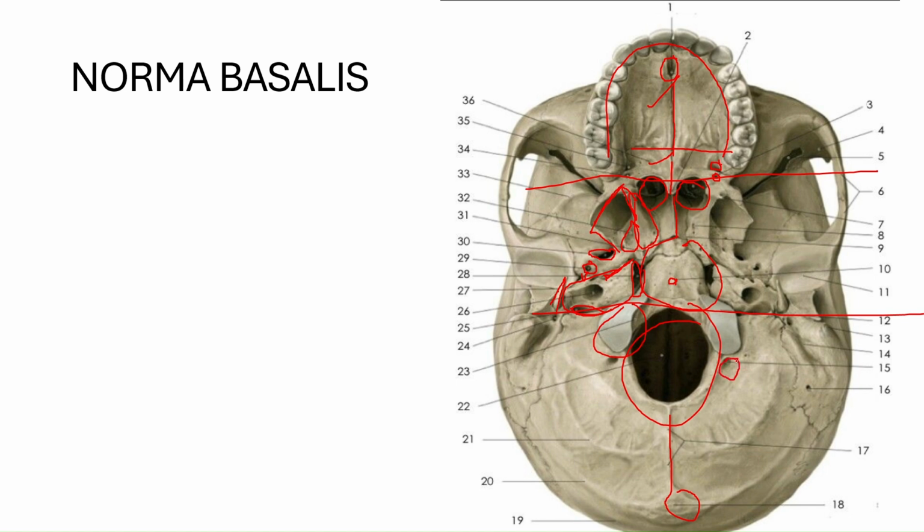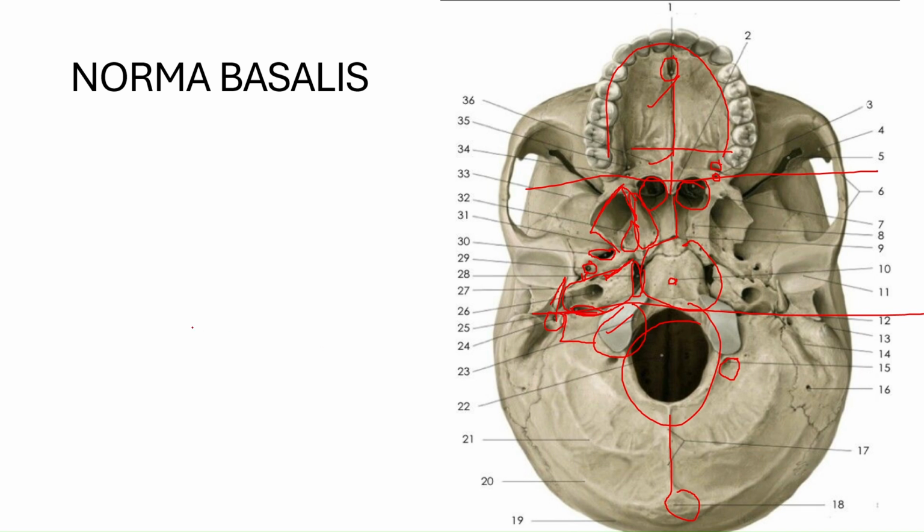The posterior condylar canal, or the condylar canal. This is the jugular process of the occipital bone, just lateral to these condyles. The tympanic canaliculus, all these things I'm not going to discuss here. The stylomastoid foramen is seen here.